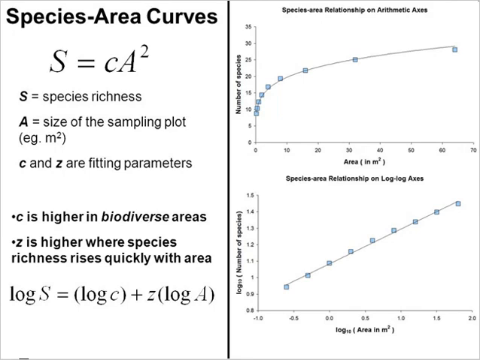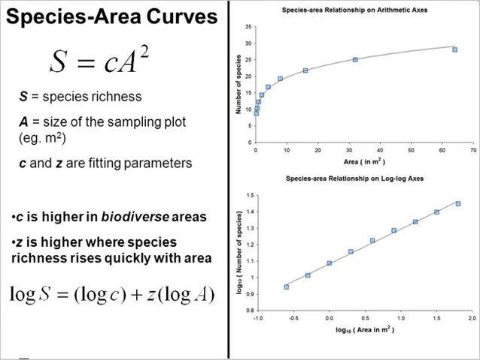Now, in general, what you find is that the number of species found or counted increases as you increase area. And there's two main hypotheses that have been proposed to explain the species area relationship.